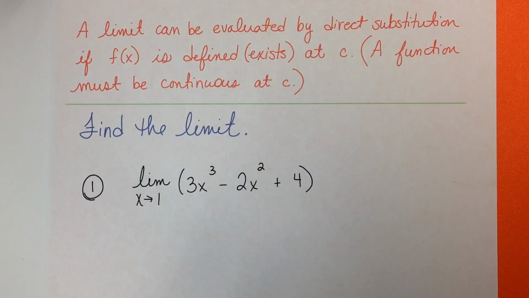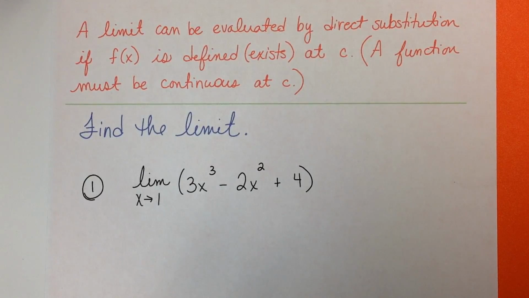One of the main ways that we saw a function wasn't defined in the previous section, remember, is where we had an open circle on our graph, our function wasn't defined there. In that case, you couldn't do direct substitution, but if you can, that's the quickest and the easiest.